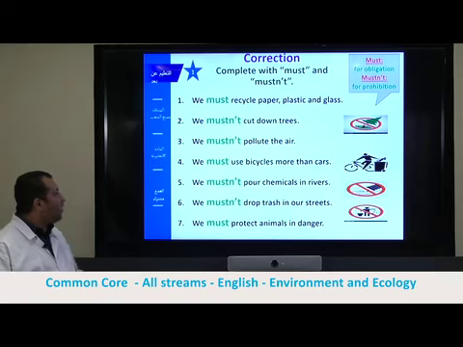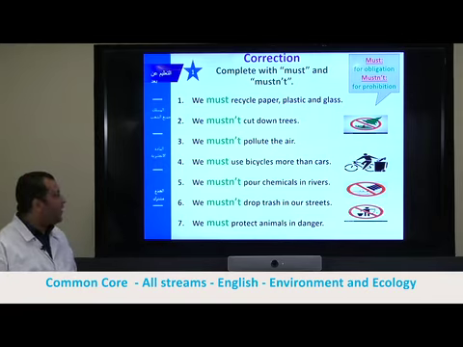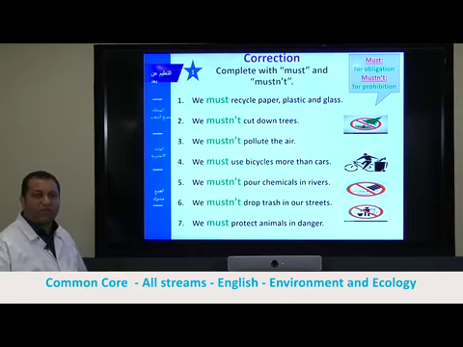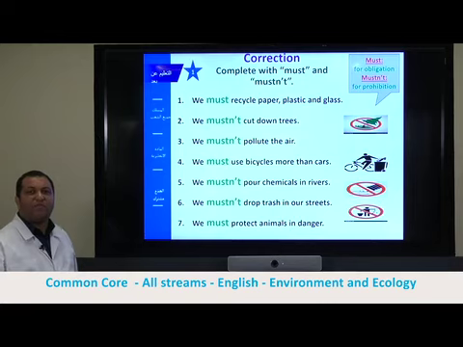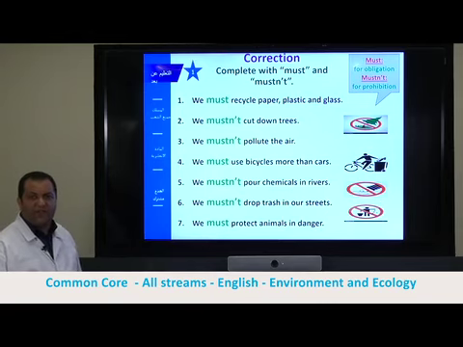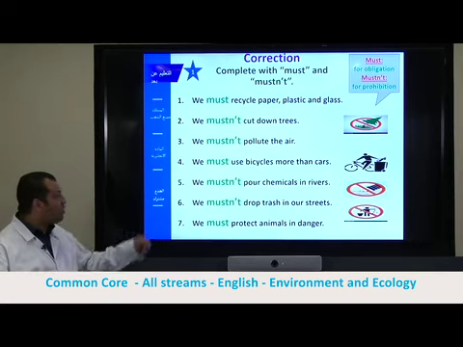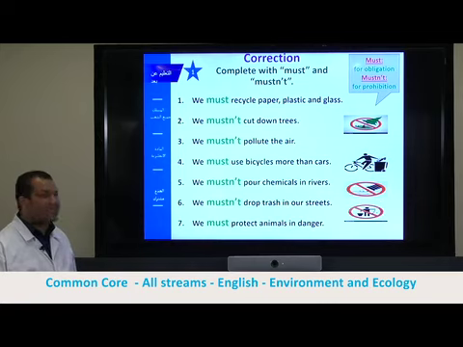Number 5, we mustn't pour chemicals in the river. Why? We mustn't pour chemicals in rivers because simply they pollute our rivers and they become poisoned, which may harm the fish and sea life. Number 6, we mustn't drop trash in our streets.